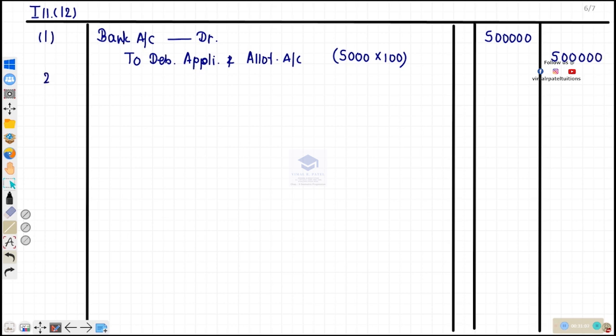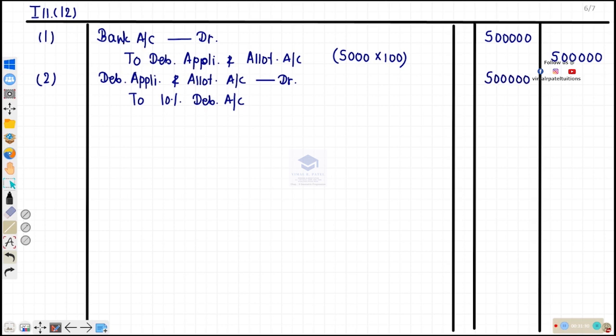Then debenture application and allotment to 10% debenture. Clear? This was entry at the time of issue.